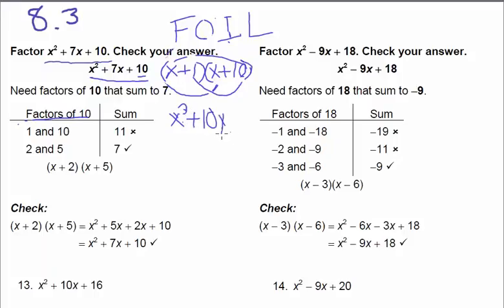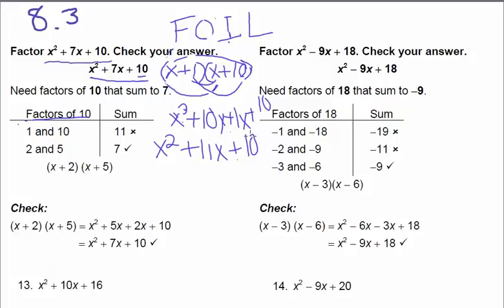The inner would be 1 times x, which would be 1x, and then my last times my last, I already wrote that that would be 1 times 10, or 10. So the x squared is good, the plus 10 is good, but my middle term would give me an 11x. I didn't want an 11x, I wanted a 7x. So that didn't work, what I just tried.